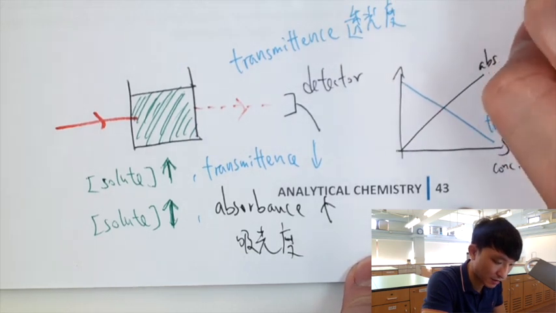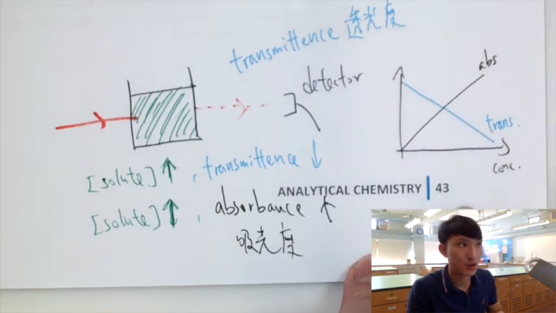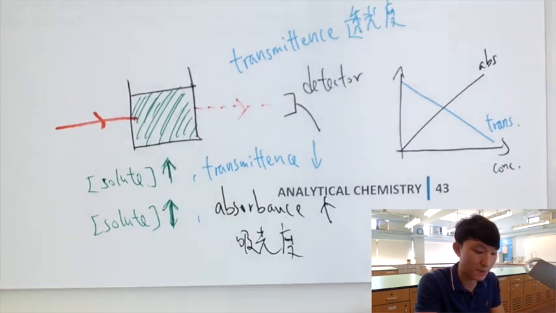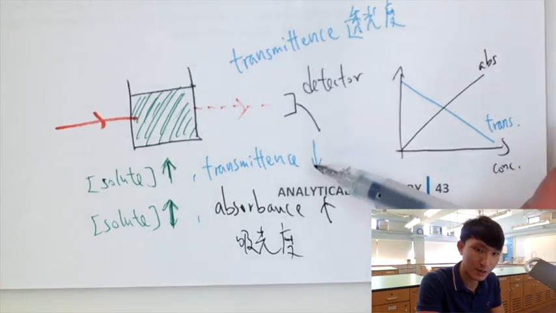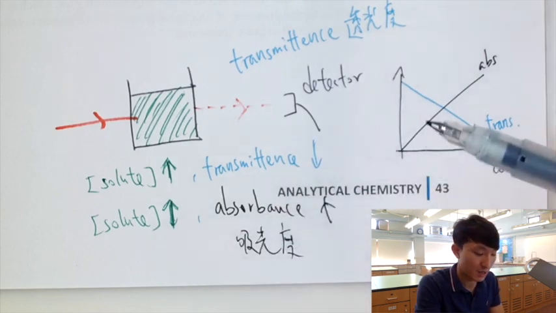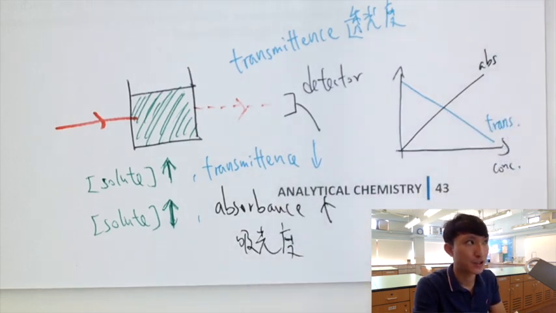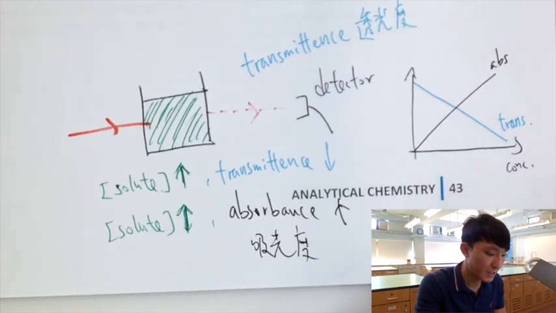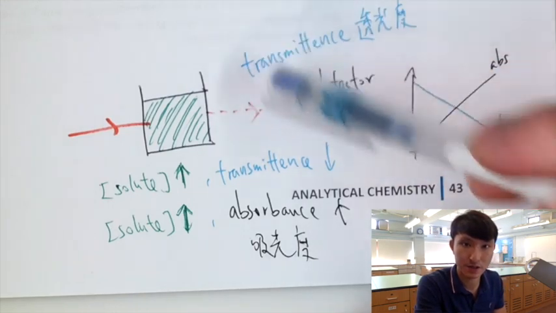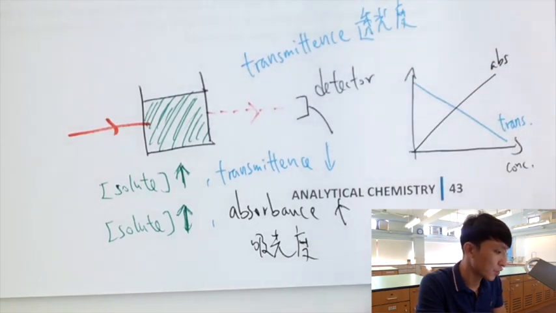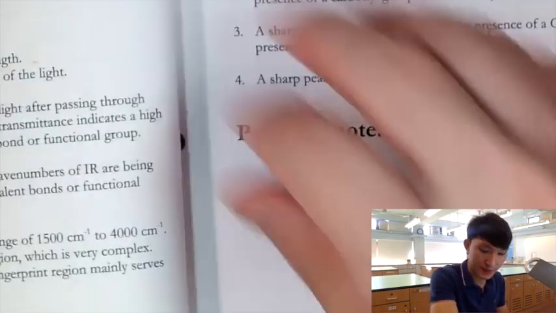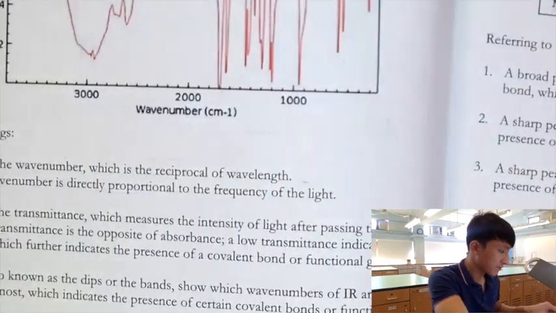This is the transmittance. That tells you the relationship between the two terms with respect to solute concentration. I want you to know this term, because later on when we talk about infrared, they actually talk about transmittance. So let's move on to the next page. Now, infrared.